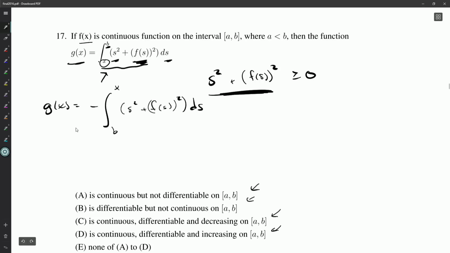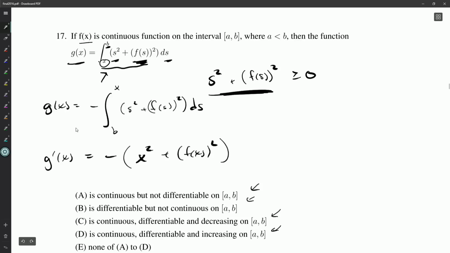So the derivative g prime is minus that inside function, x squared plus f of x squared.